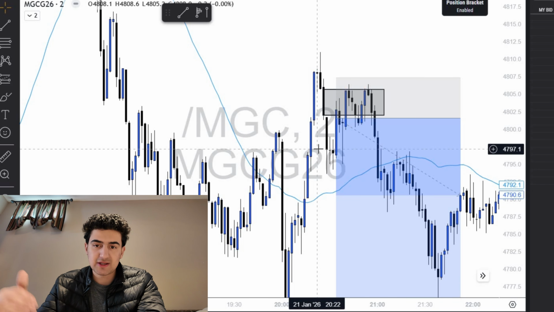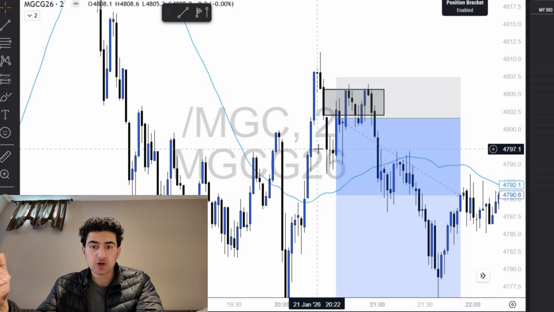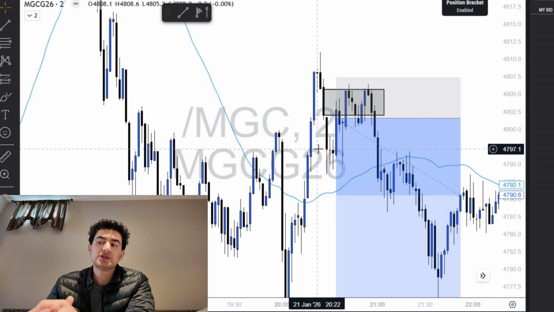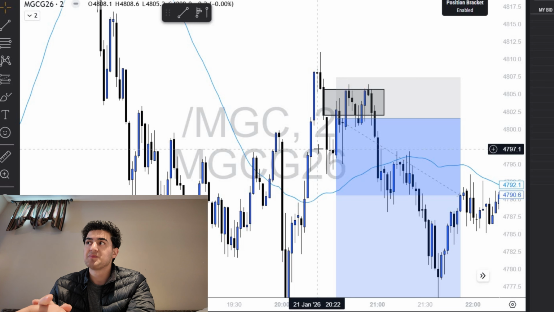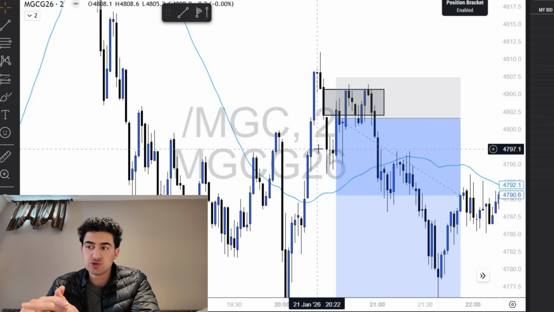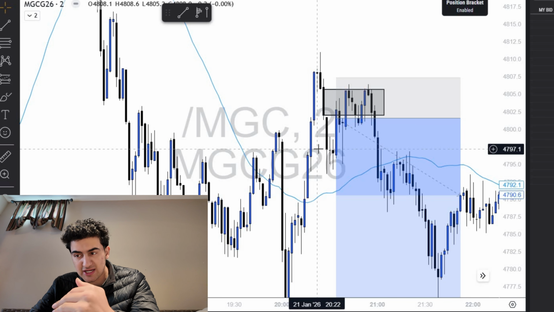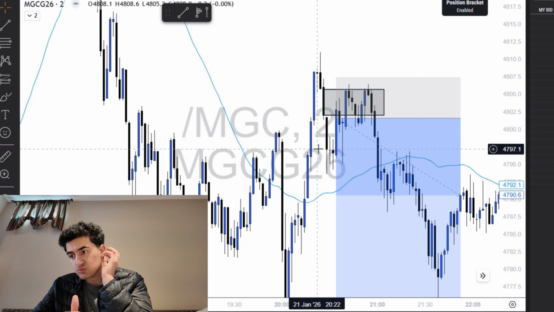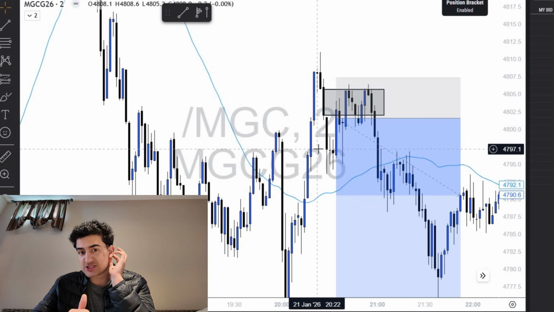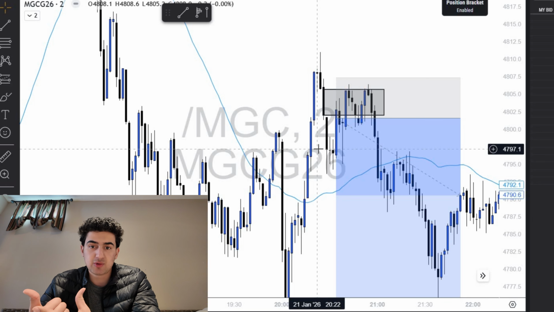All of their stop losses are gonna get hit and it's gonna go lower, because what this liquidity does is it gives the market makers a chance to change the direction or move the price in the direction they wanted to go.